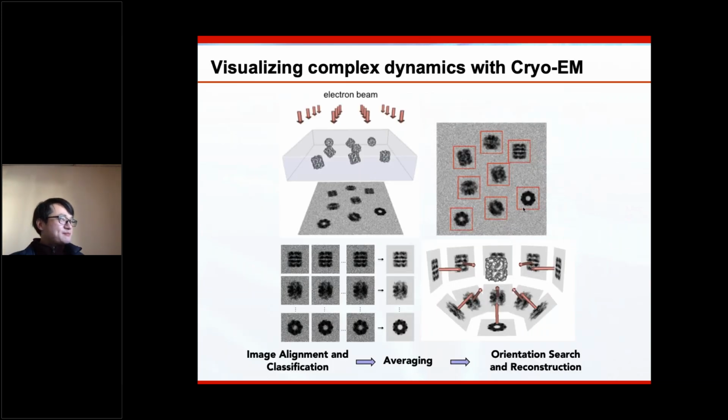So in my lab, we're trying to deal with this highly dynamic complex machinery that's composed of many different enzymes into a holoenzyme. So we were trying to develop cryo-electron microscopy to visualize complex dynamics.